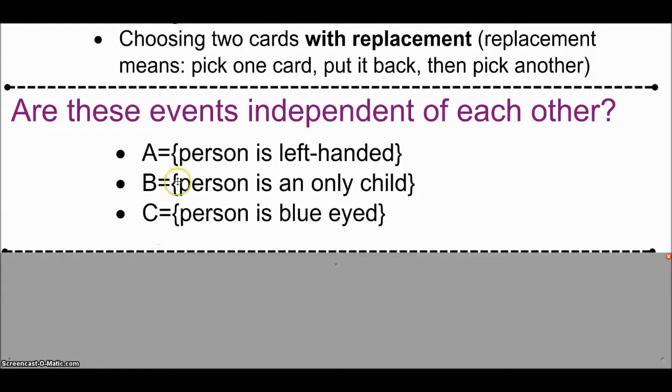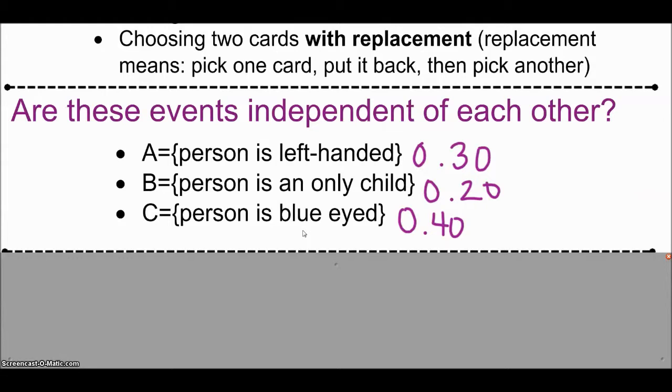So we'll include that. Okay, so let's say the probability of being a person that is left-handed is about 30%, so 0.3. The probability that a person is an only child, let's say, is 20%. And then a person being blue-eyed is 40%, okay? If I am an only child, does that affect my probability of having blue eyes?